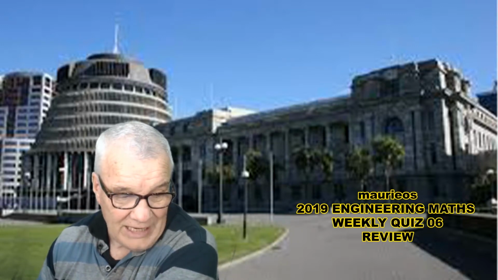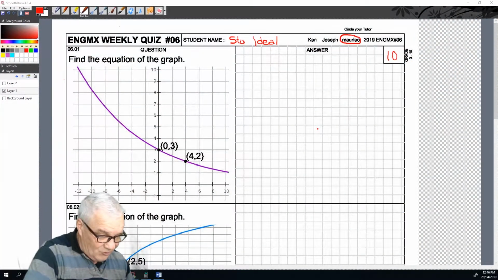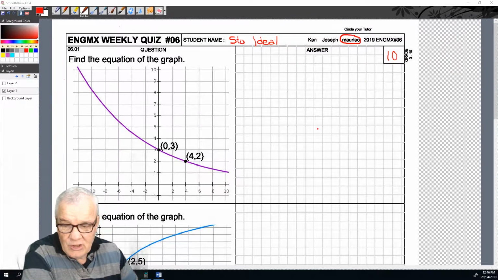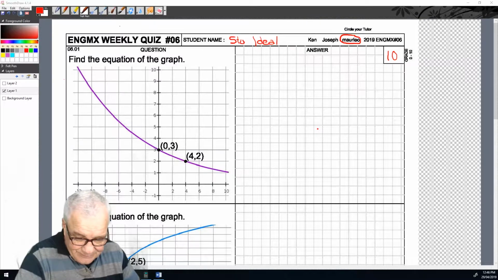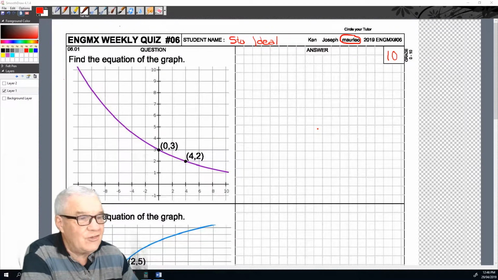So enough of that, let's head over to the big screen and make a start on question 1. Find the equation of the graph. Now, as we can see, this graph here is a decay graph.